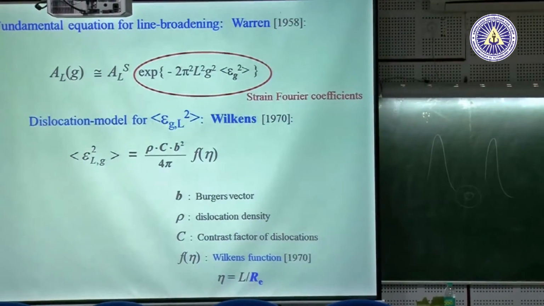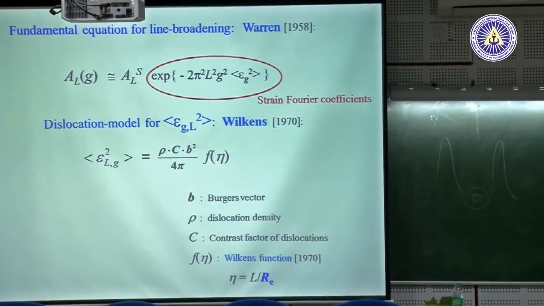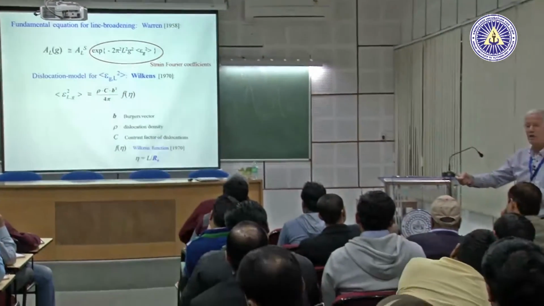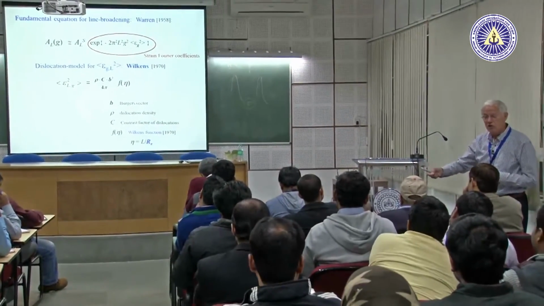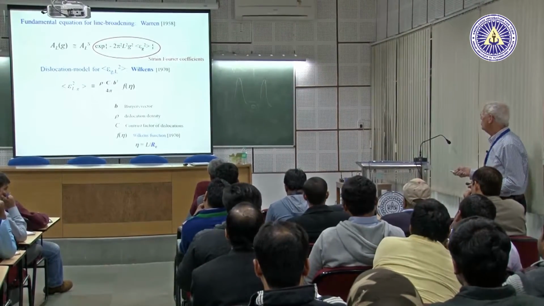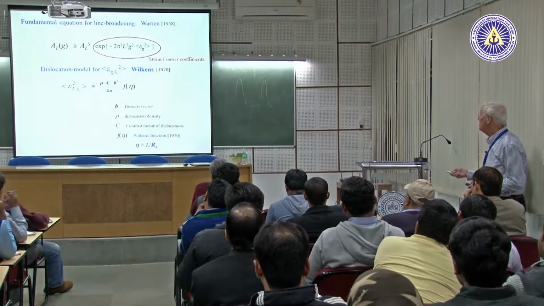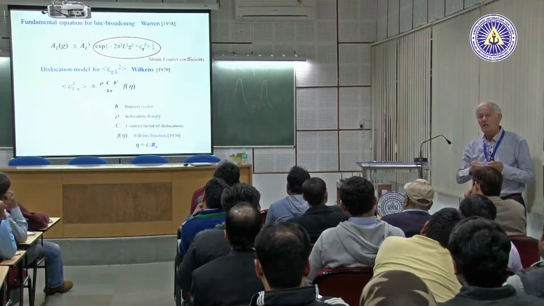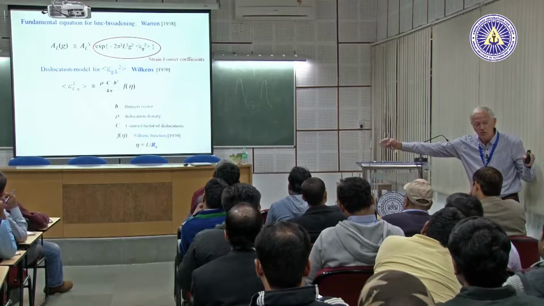And that is what Wilkens has done beyond introducing the effective outer cutoff radius. He calculated numerically how the mean square strain depends on L, the Fourier variable, in the entire range.